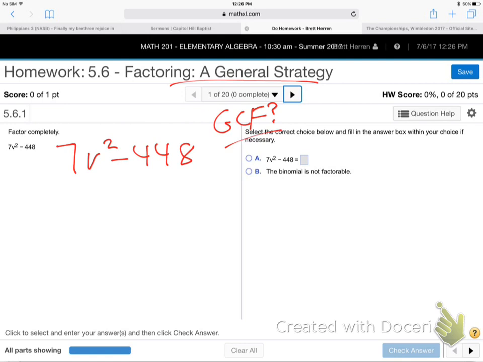See if 7 goes into that 448. Does that go in? And the answer is yes, right? When you divide with your calculator, 64. Yeah. So then you go, okay, 7 goes in the front, right?